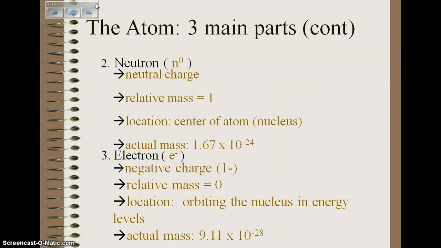The actual mass of the electron is 9.11 times 10 to the negative 28. Again, extremely, extremely small. When we talk about the relative mass of an electron, we basically say that it has no mass. So when you're adding up the mass of an atom, you don't even include the electrons for the mass.